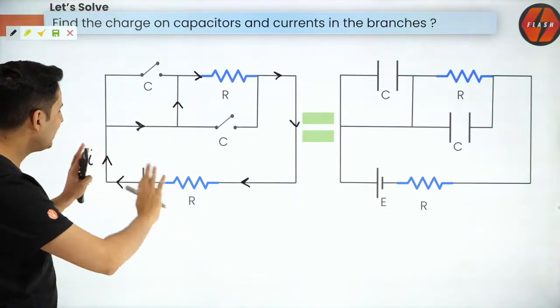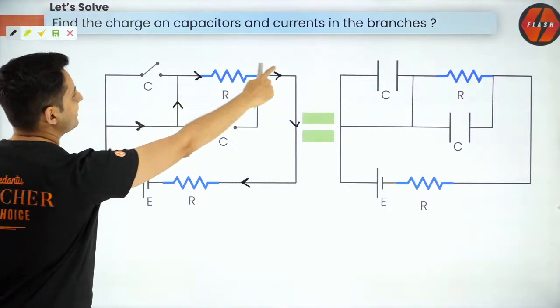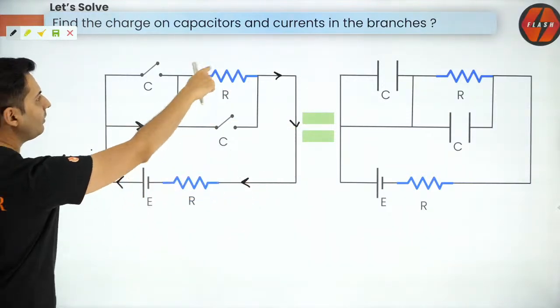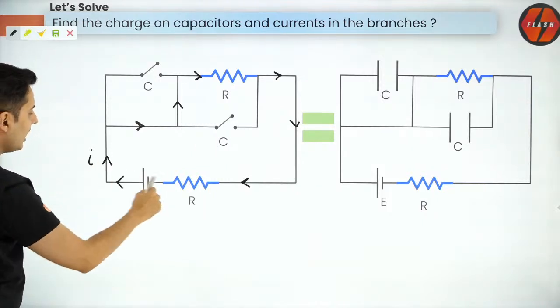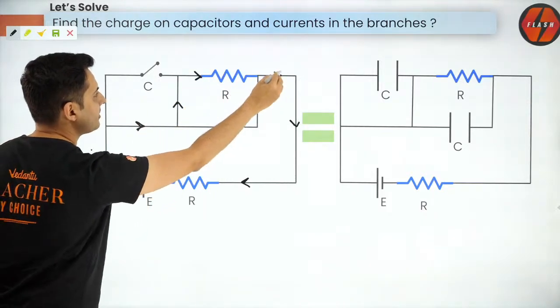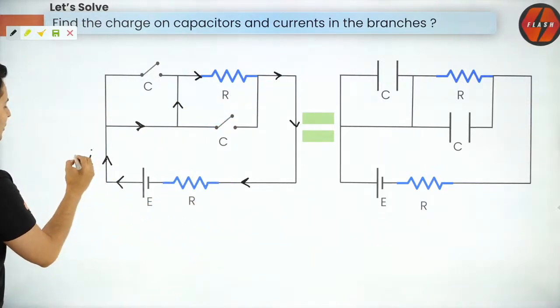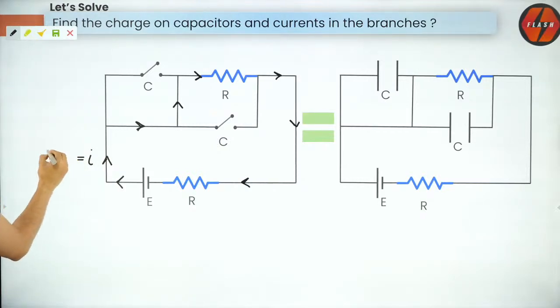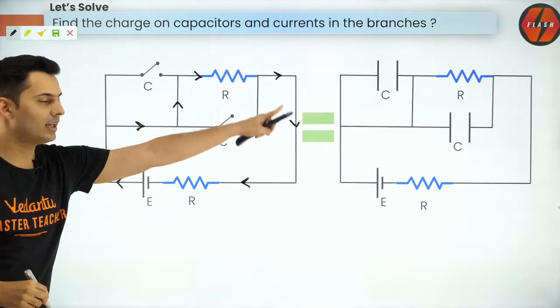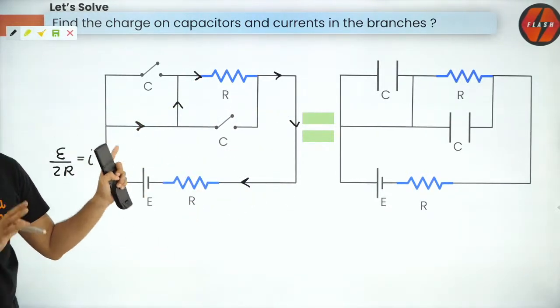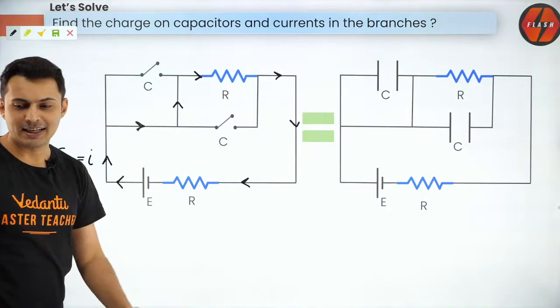Now, what is the total resistance in that loop, guys? Think about it. What is the total resistance? I think I encounter one resistance here and other resistance here. So what should this current be? This current should be E by total resistance, which is 2R. That's the current flowing in this branch. Correct? I hope everybody is getting it now.